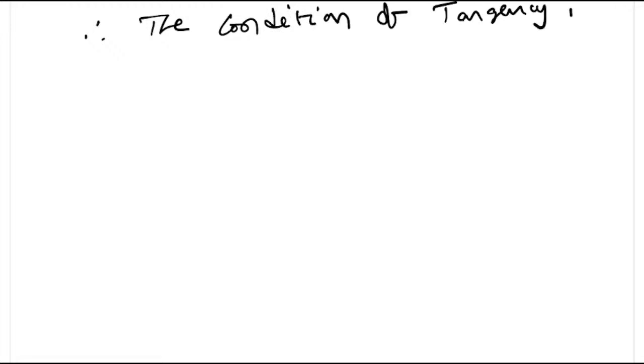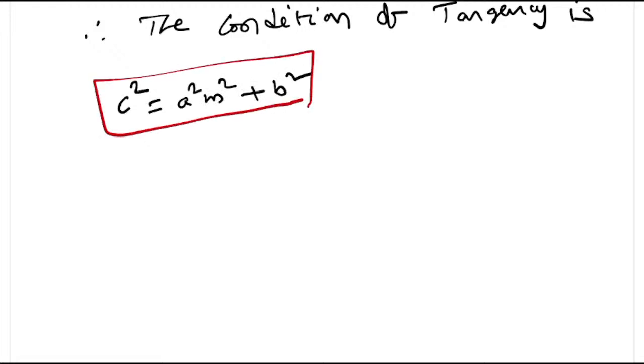Therefore the condition of tangency is, what is the condition of tangency? c square is equal to a square m square plus b square, right?